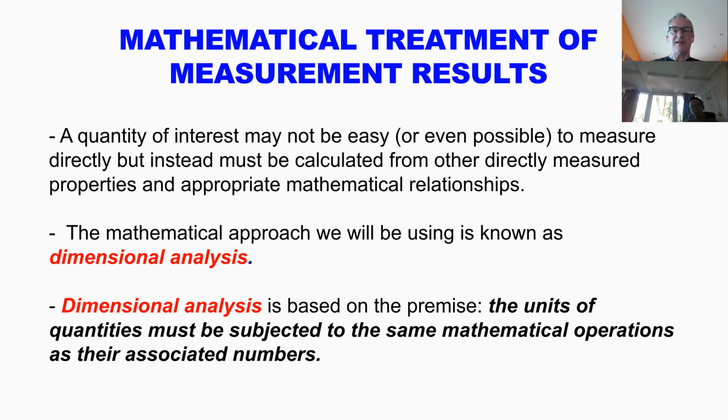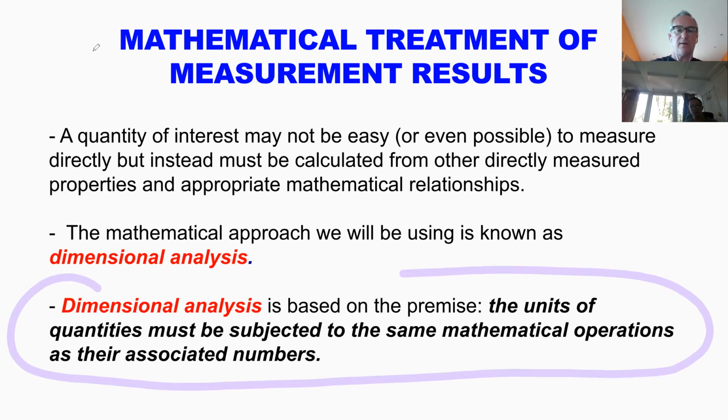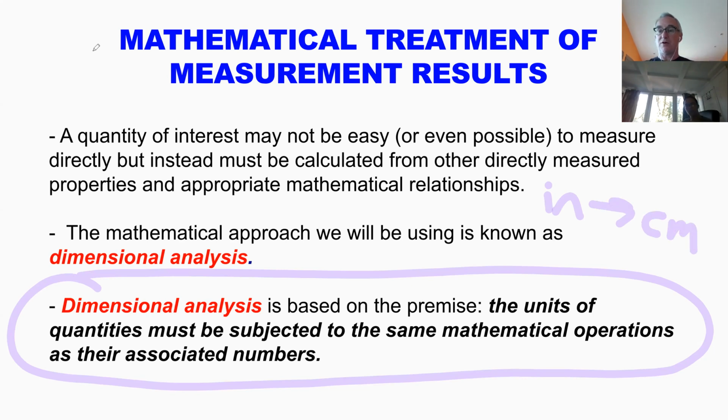It's based on one overarching principle: whatever the quantities are, you have to multiply or divide them by the same mathematical operations as the numbers. If I'm changing inches to centimeters, what I'm doing is multiplying by 2.54.